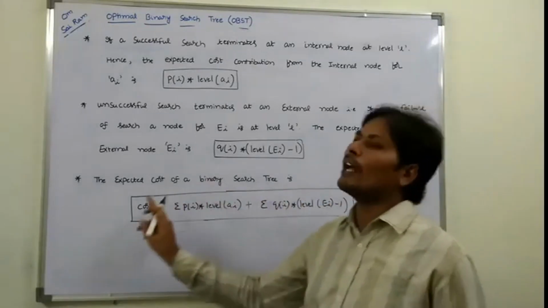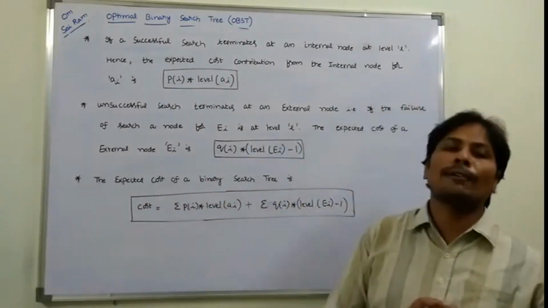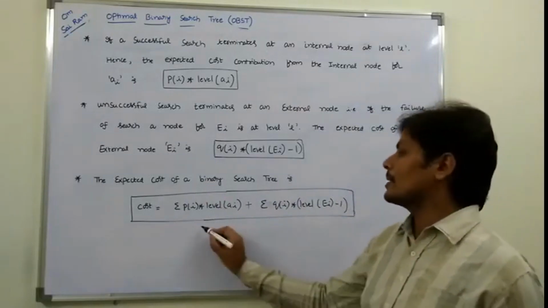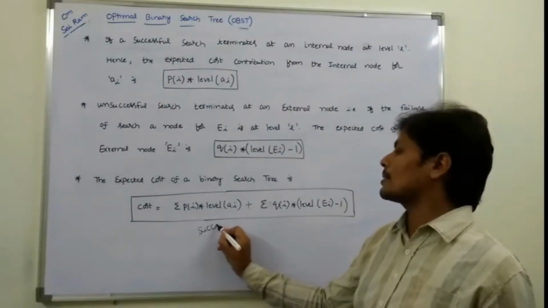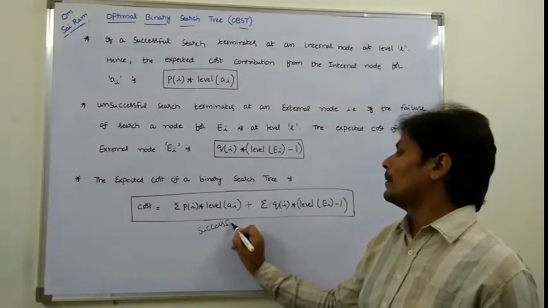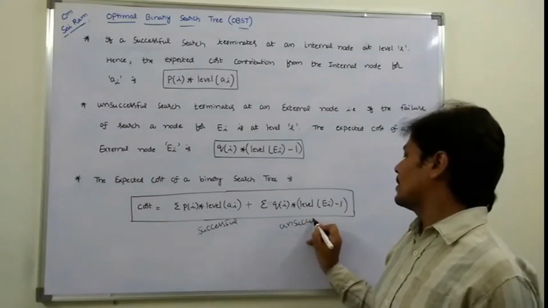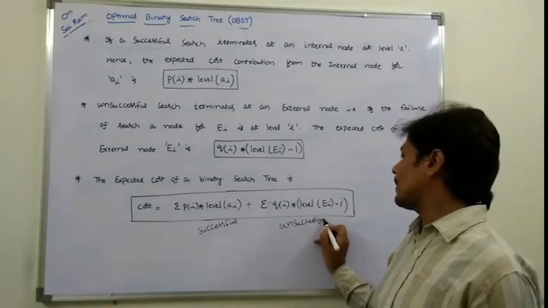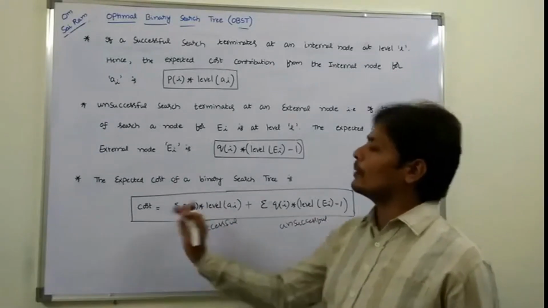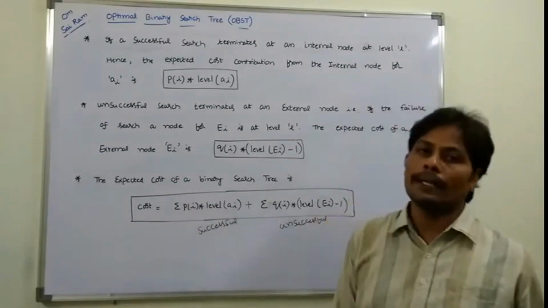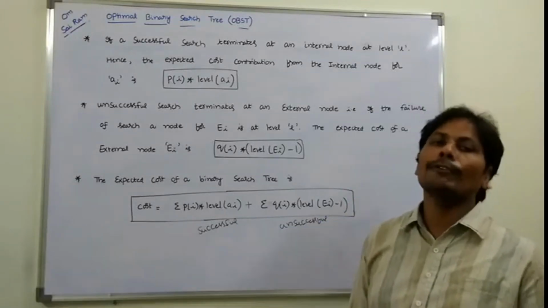So this is the formula for finding the cost of a binary search tree. This part is for successful and this is for unsuccessful. The sum of successful plus unsuccessful is equal to the cost of the binary search tree. Then we can go for an example.